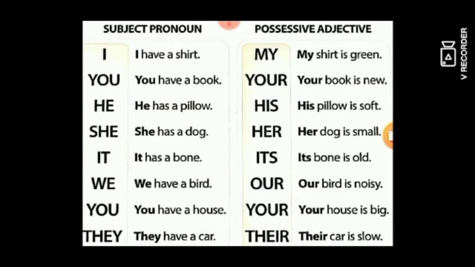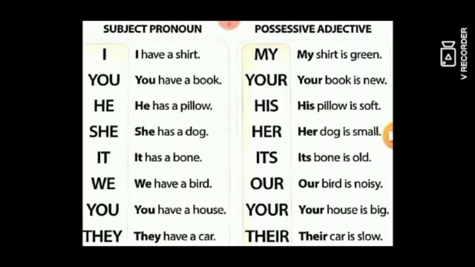She has a dog. Her dog is small. You cannot say she dog is small. That is wrong. If the subject pronoun is it, it has a bone. Its bone is old. So for the subject pronoun it, the possessive adjective should be its.